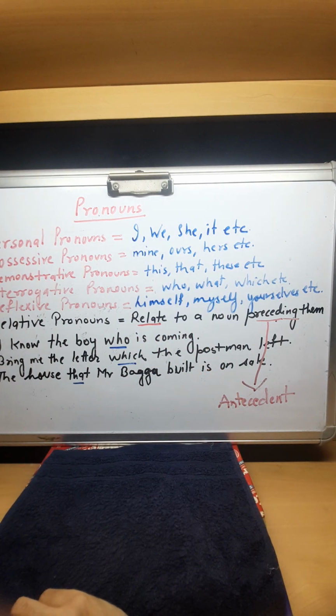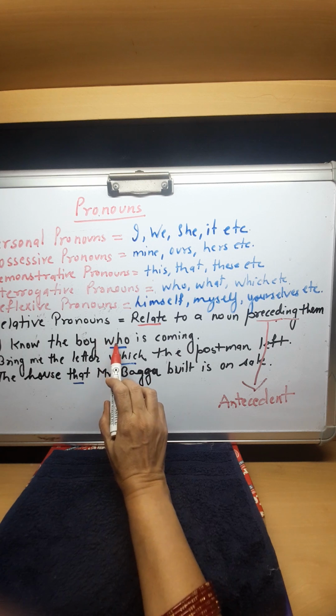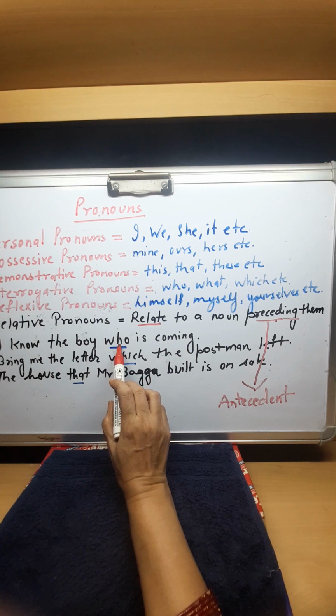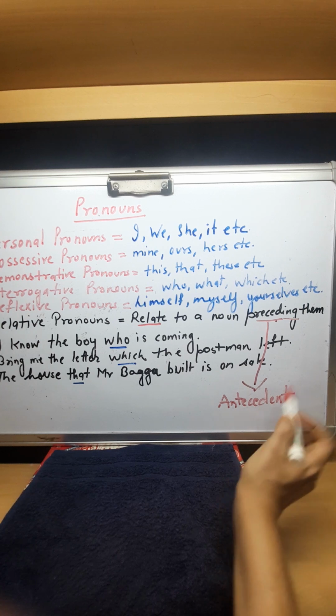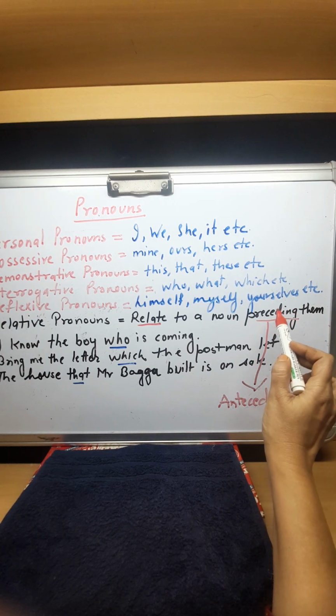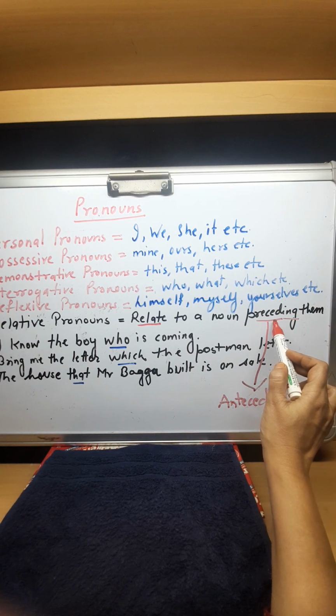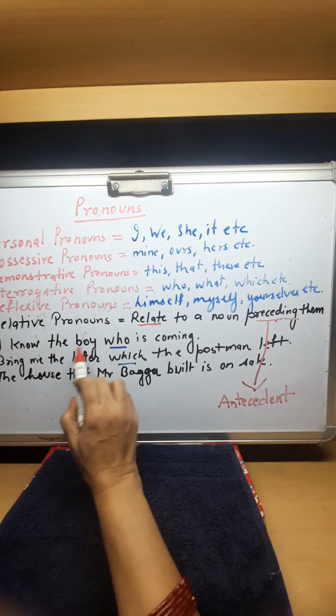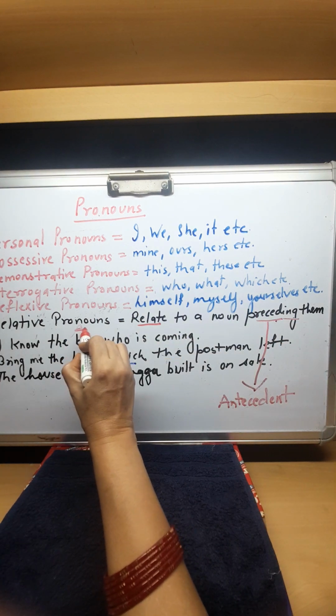So, it is easy for you. You will tell who is the relative pronoun. The next question will be, what is the antecedent in this sentence? Antecedent means the noun which is coming before this pronoun. So, you will say the boy. The boy is the antecedent.